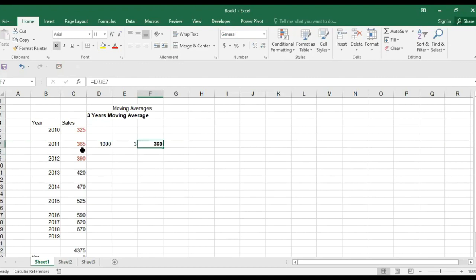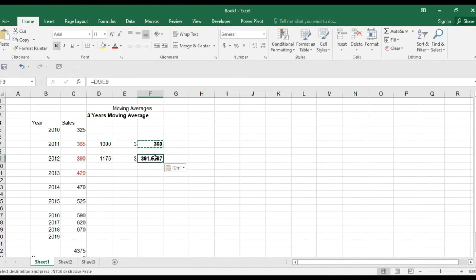And then you ignore this number 325, you take it away, and you add one more number from here. So one previous you just removed and you added this new one. And then you say that the total of these 3 numbers is this one, and the average is 391.